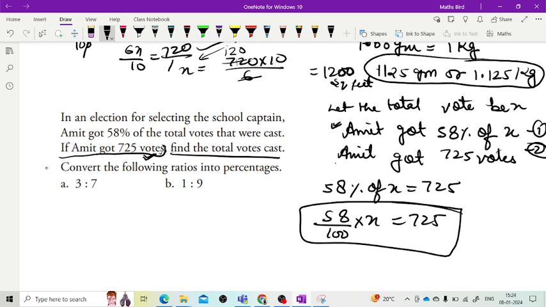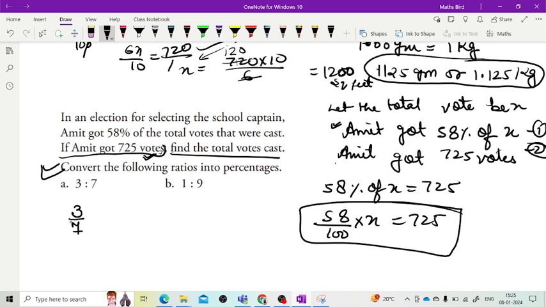Now next, convert the following ratio into percentage. How will we find out the percentage? See, this is 3 ratio 7. We can write 3 by 7.